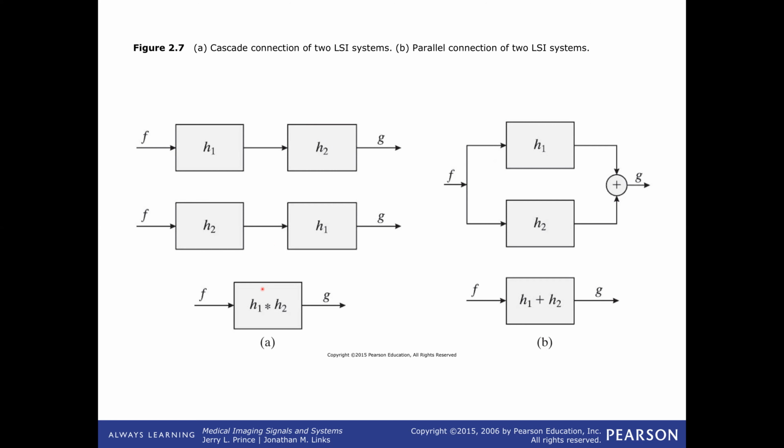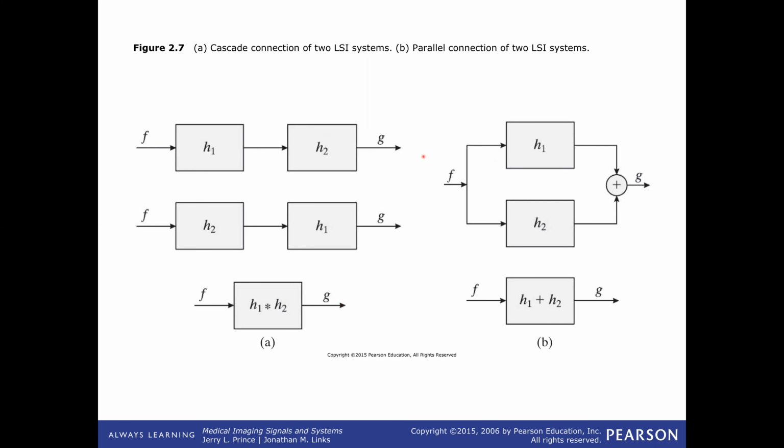All you have to do is convolve h1 with h2, and that gives you the output of the system. You don't have to pass f through h1 and then pass the result through h2. You can just convolve h1 and h2.